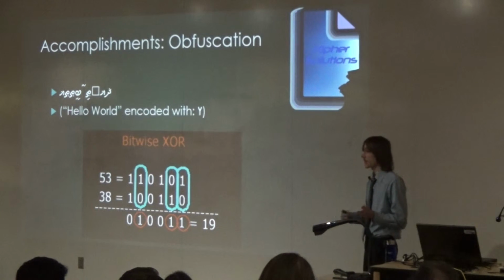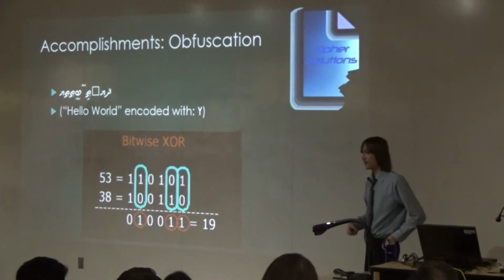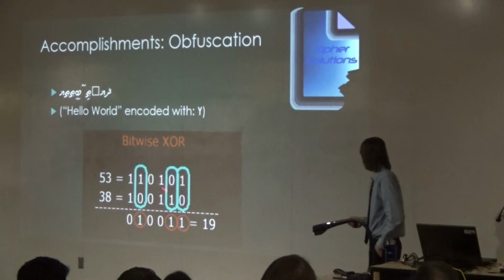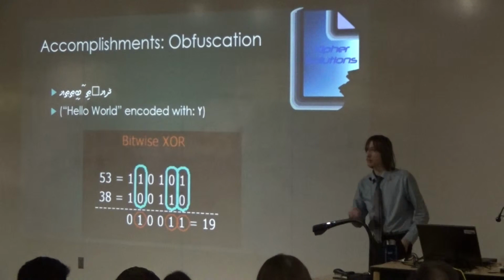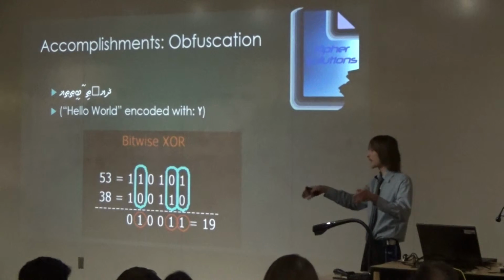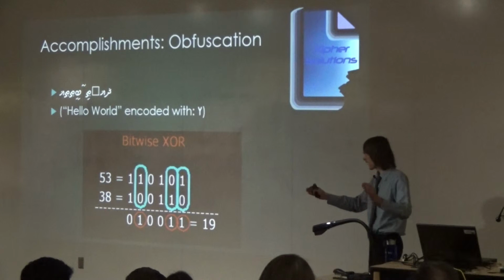So say an H is like a 52 or something, or let's just say it's a 53. And then a 38 might be something like a lowercase a or something like that. And essentially what I could do is I could take the binary representation of that number, or the ones and zeros which make up that number, and the ones and zeros which make up the other letter in that number.